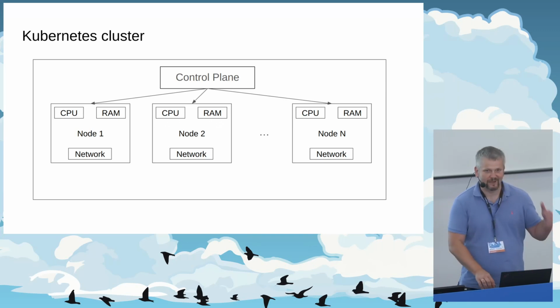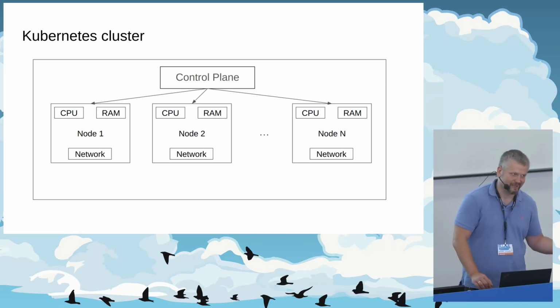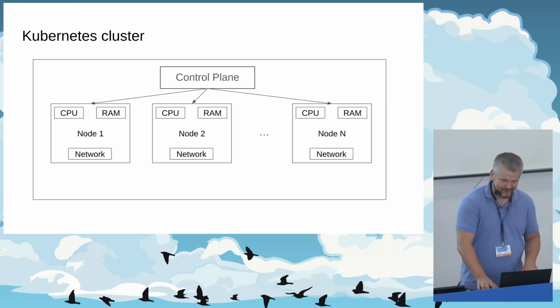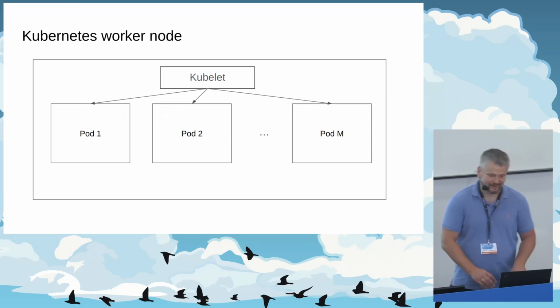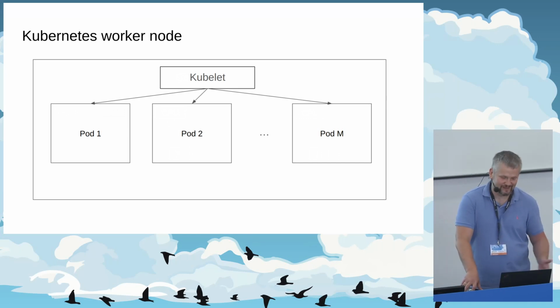Every node has some amount of CPU and memory and network, and the control plane manages all these nodes. Every node may contain an arbitrary number of pods, and every node contains kubelet.